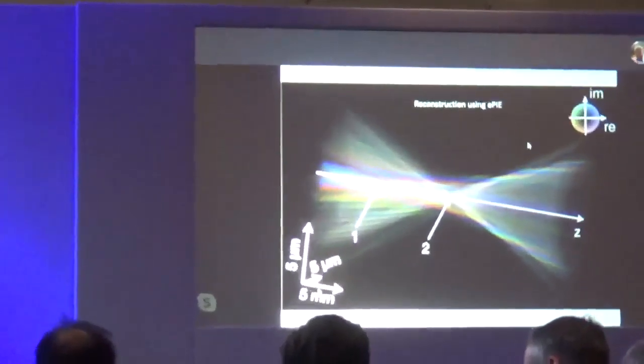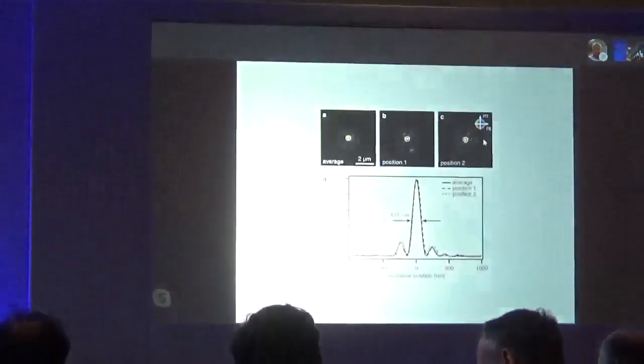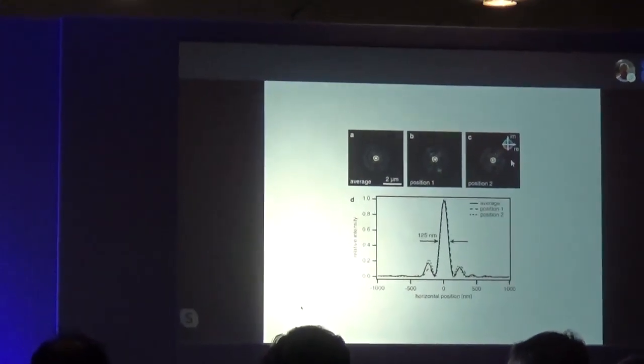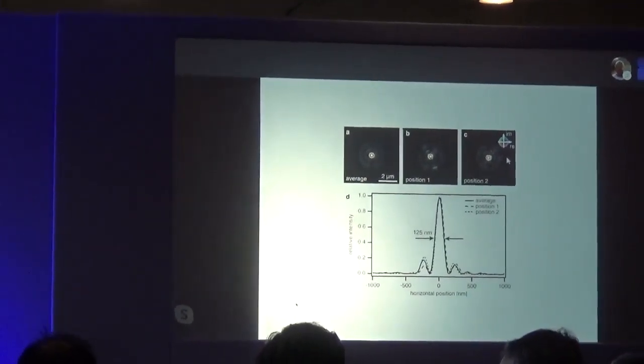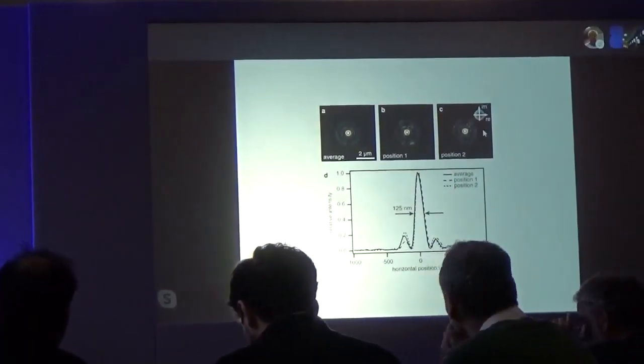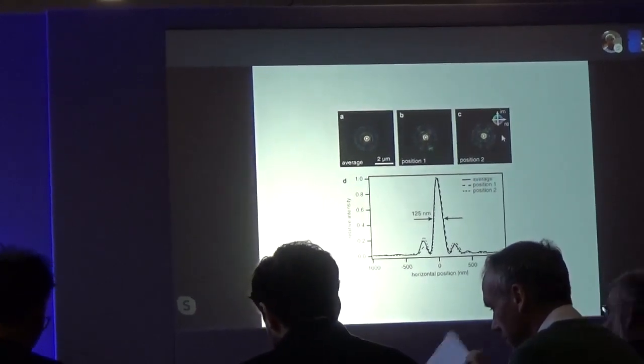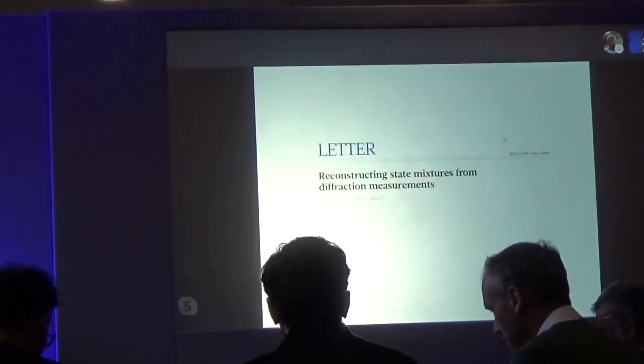So this is a very long, stretched out probe. And you can look at individual probes here at the top left, and an average probe, and work out the accuracy, the impulse response, if you like, of the probe.